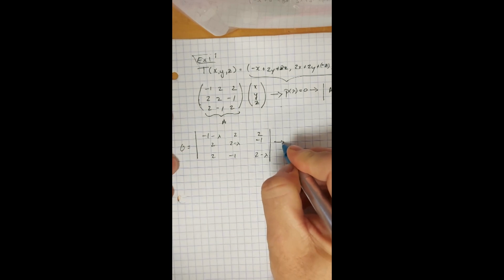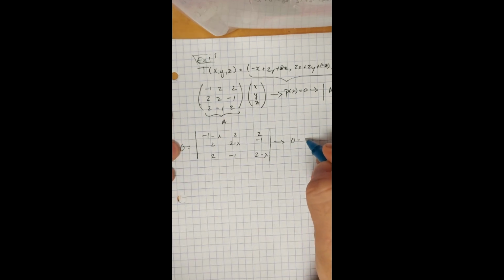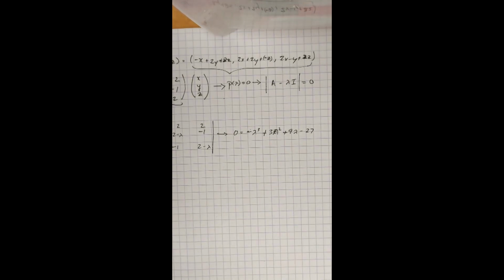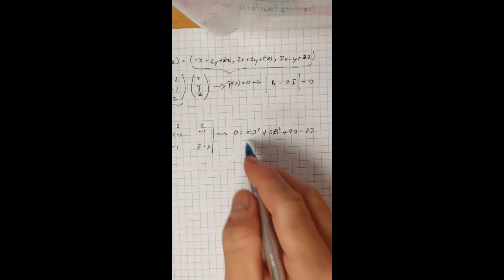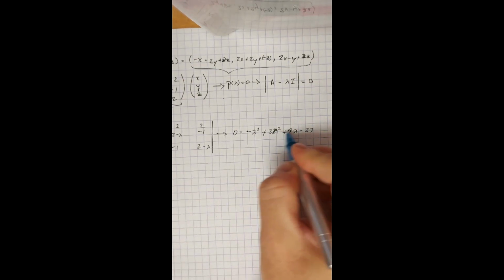I just put this into GeoGebra, and I got that the resulting determinant comes out to be negative lambda cubed plus 3 lambda squared plus 9 lambda minus 27. Okay, so that's the result of carrying out the determinant. Now you can see we have a cubic function in lambda.